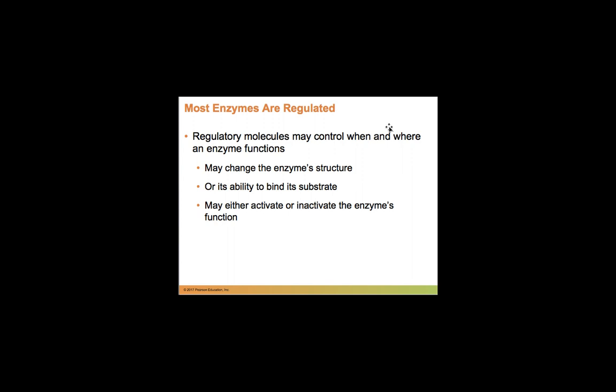These regulatory molecules can change an enzyme's structure or its ability to bind a substrate. They may either activate or inactivate the enzyme's function. So a regulatory molecule is ultimately going to change the shape of the enzyme. If we change the shape of the enzyme, we can no longer bind to our substrate. If the substrate can't bind to the enzyme, we will not have a reaction.